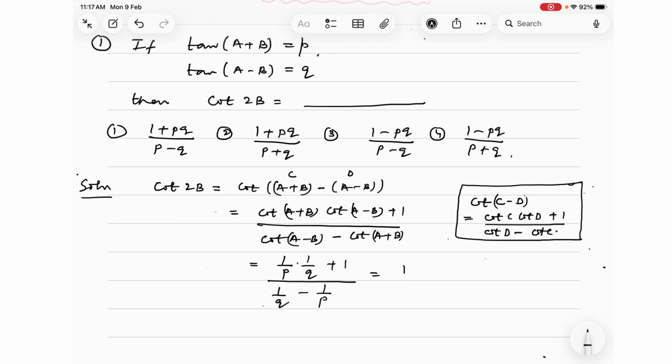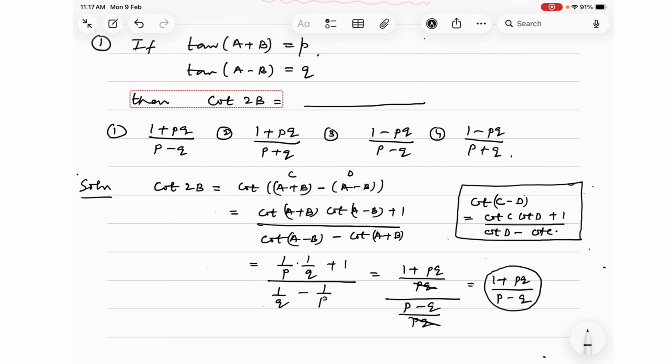If you take the LCM, it becomes (1 + PQ)/PQ in the numerator and (P − Q)/PQ in the denominator. PQ and PQ get cancelled. We get (1 + PQ)/(P − Q). Therefore, the answer is the first option.